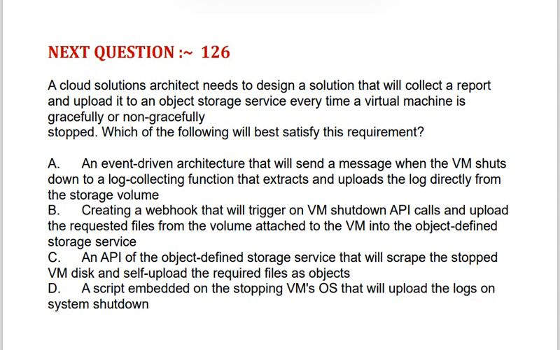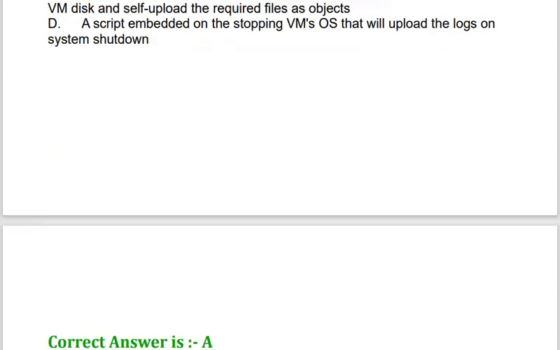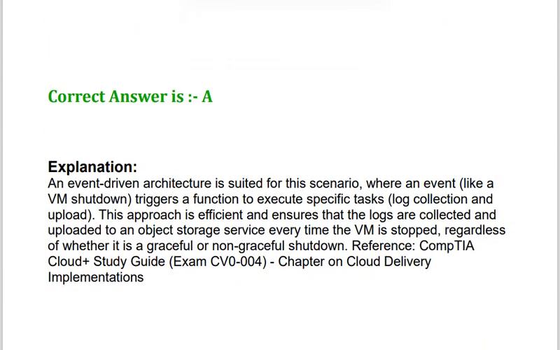Option B, creating a webhook that will trigger on VM shutdown API calls and upload the requested files from the volume attached to the VM into the object-defined storage service. Option C, an API of the object-defined storage service that will scrape the stopped VM disk and self-upload the required files as objects. Option D, a script embedded on the stopping VM's OS that will upload the logs on system shutdown. Correct answer is option A.